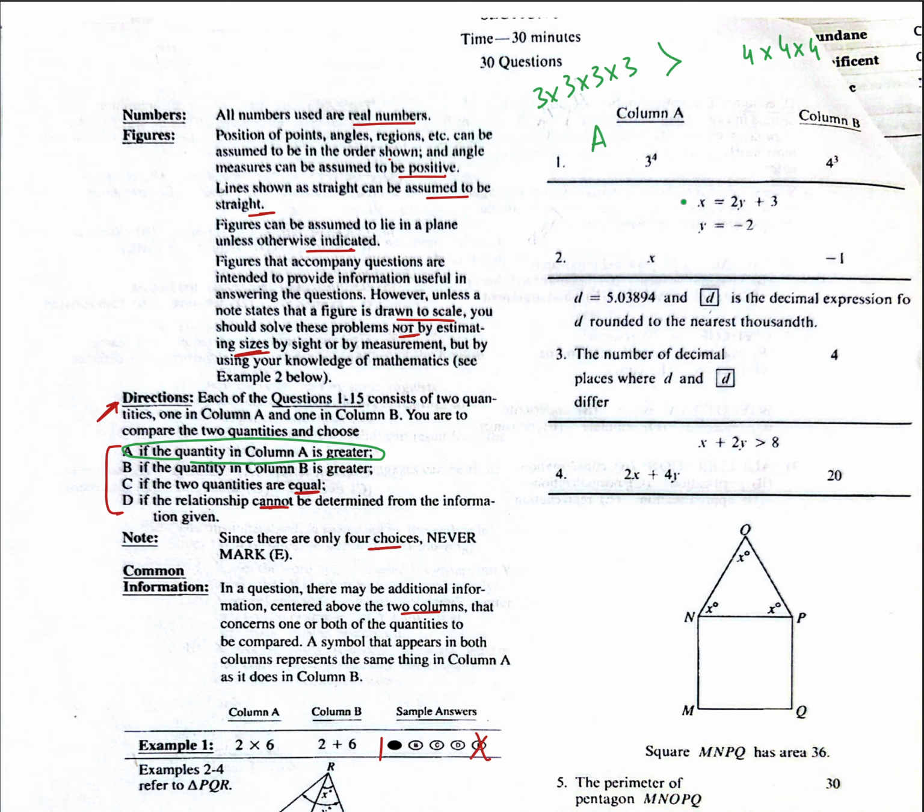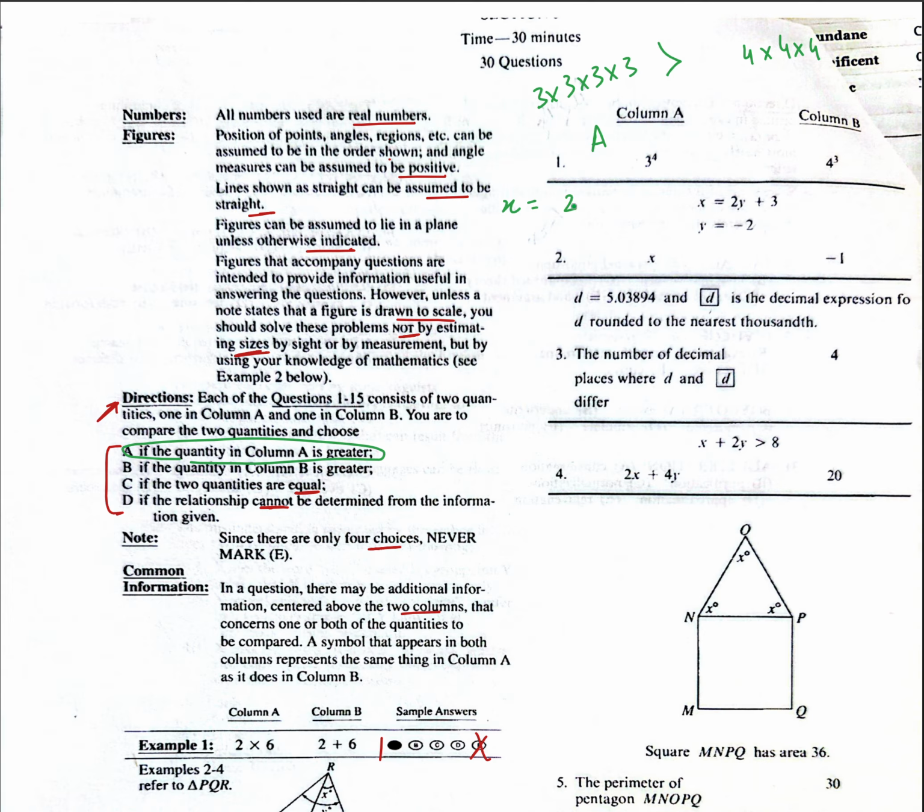Then we have 2 equations. x is equal to 2y plus 3, and we have to figure out the value of x because that is something that we are comparing. y is given, that is -2. Let's plug in the value of y.